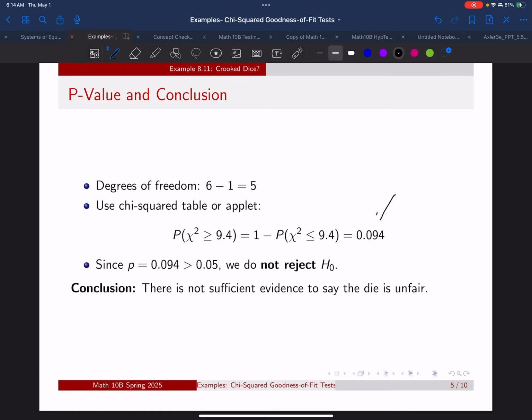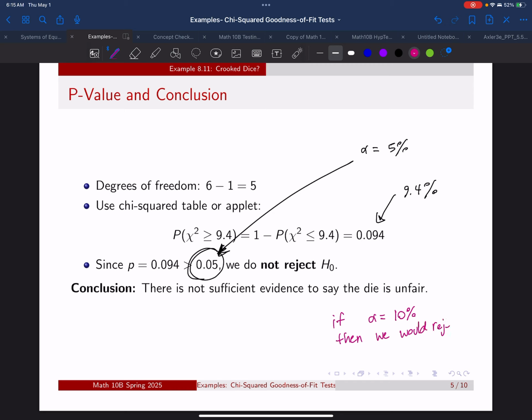And so basically, from here we see alpha is 5%. We got 9.4%, and we failed to reject. Now, if alpha were 10%, then we would reject. So we say there's enough evidence to say that it's not true that the die is fair.